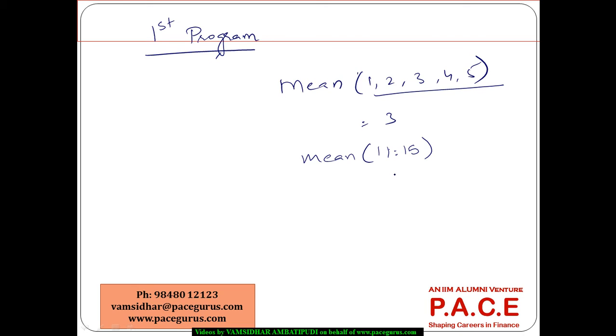This way of writing is called a vector. And mean in this language is called a function, which calculates the arithmetic mean. The vector is enclosed in a bracket, and when the vector is enclosed in brackets, we call that the argument to the function.